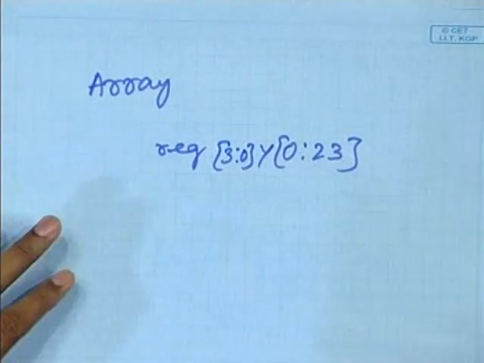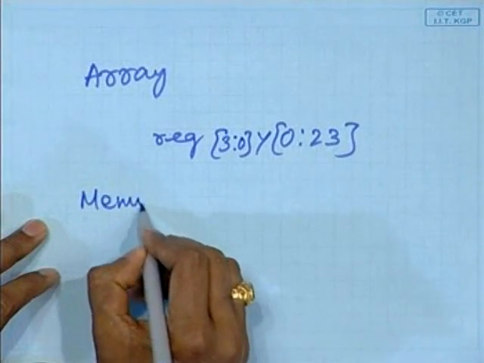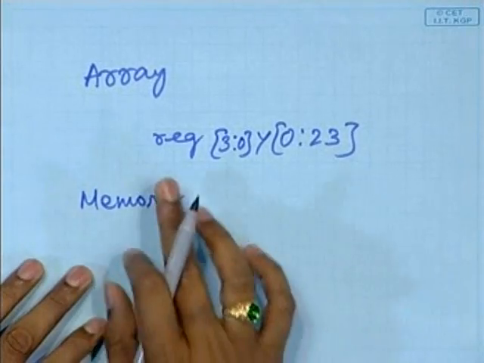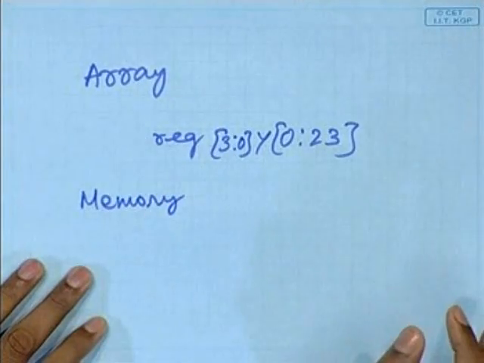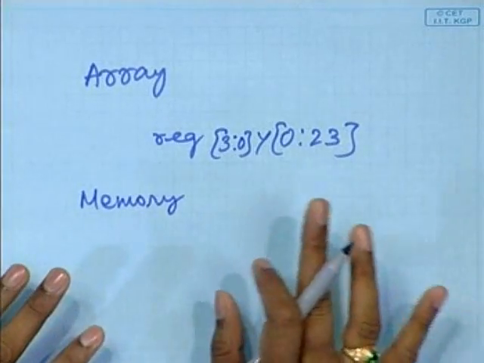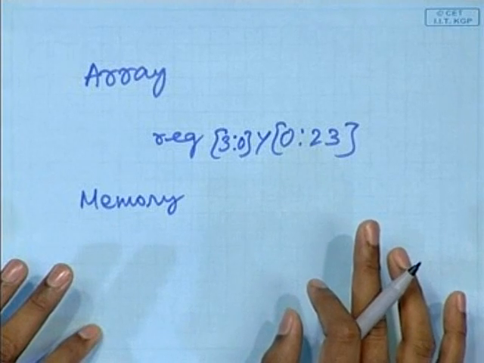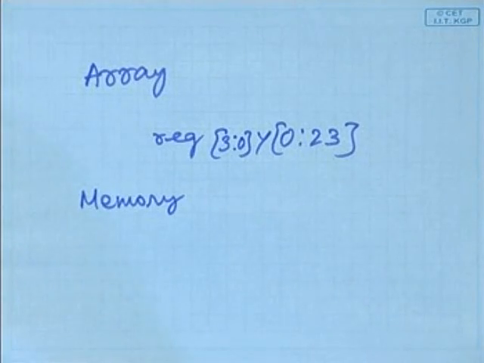Okay, this is an array, just like in C. And a memory. Memory is nothing but just like an array declaration. So how to access this memory?